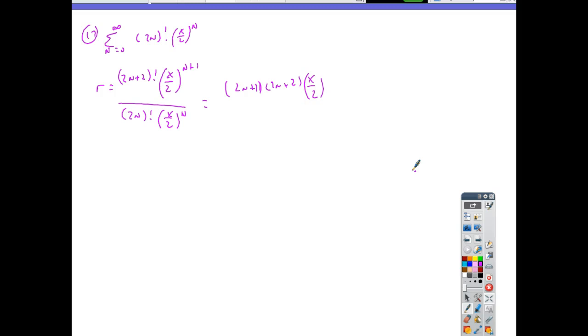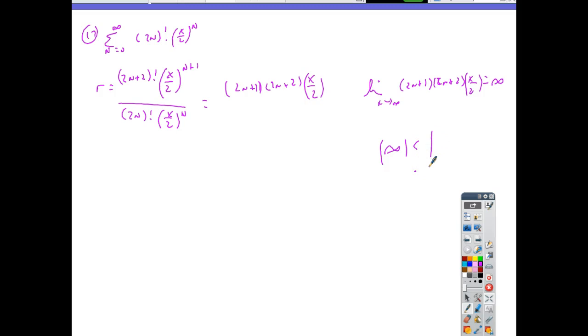So now I'm going to take the limit as n approaches infinity of 2n plus 1 times 2n plus 2 times x plus 2 over 2. What do I get? Infinity. And the absolute value of infinity is less than 1 when x is what? Never.